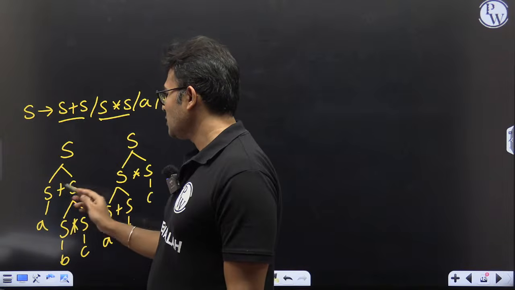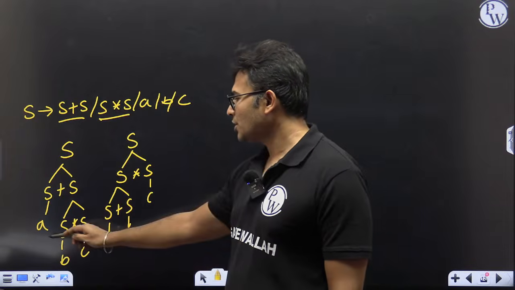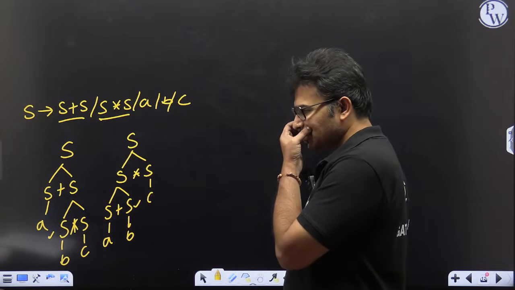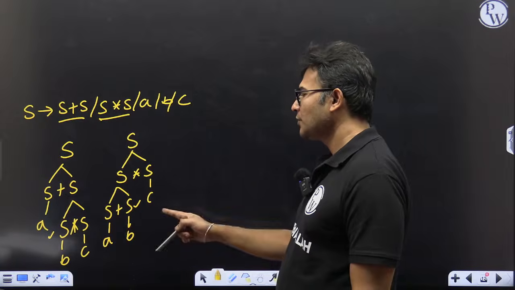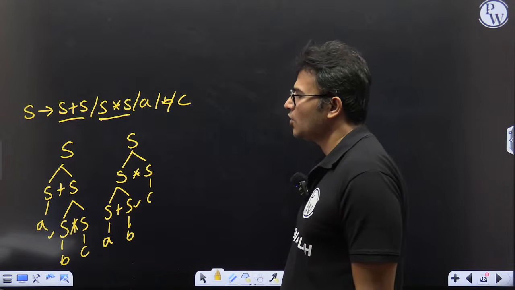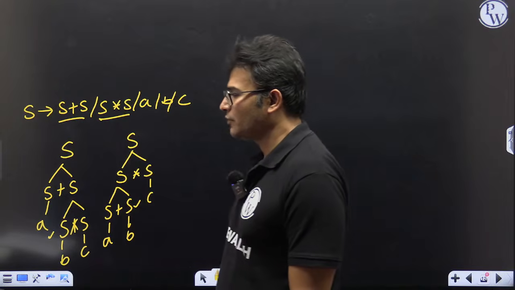Here a plus b into c, here also a plus b into c. Here star is getting executed first, here plus is getting executed first, right? So precedence is not taken care of in this. So in compiler design, we will see how to use disambiguating rules in order to find the unambiguous grammar for this language. Okay.